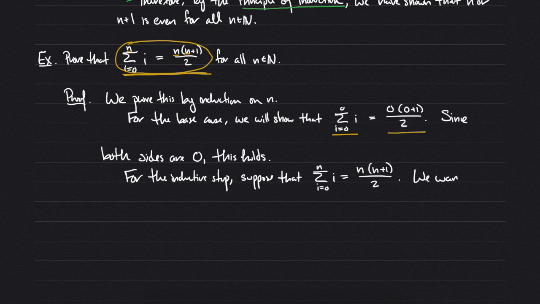Now we want to show that this holds. Maybe I should put an extra line here. We want to show that this holds where we plug in n plus 1 for n. So here we have an n up here, so we're going to put n plus 1. And now for n, we're going to put n plus 1. And here, we're going to put n plus 1 plus 1 over 2.